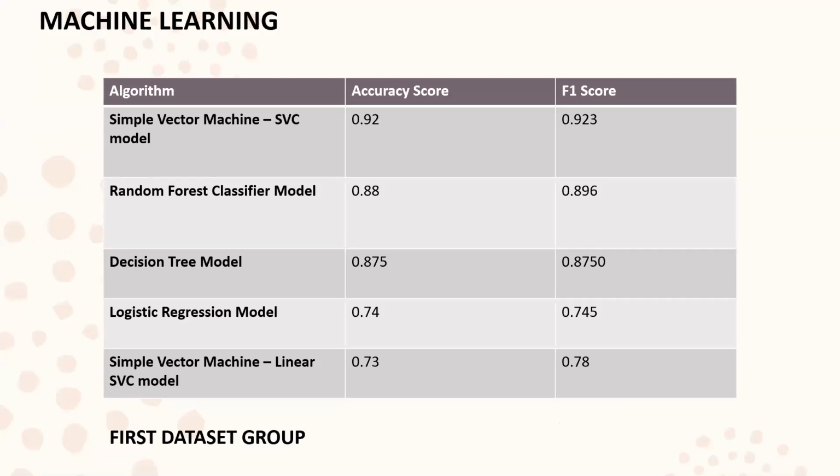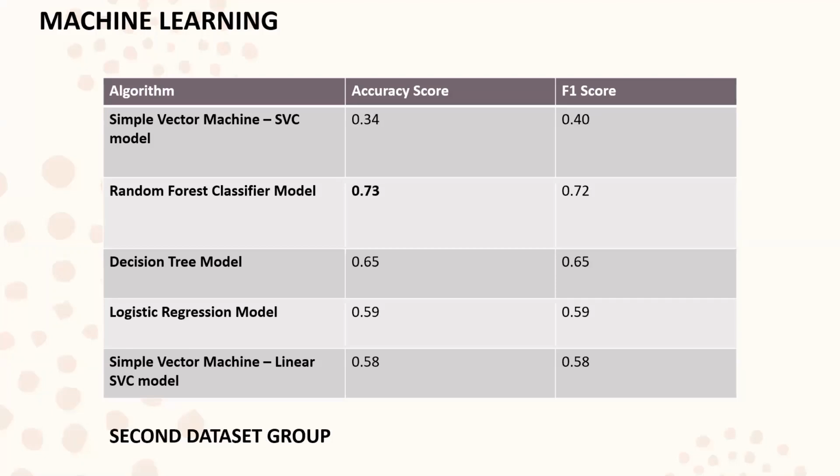That's the one with output column of the verdict scores of 0 and 1. The support vector machine performed highest with 0.92, though I think there was a bit of an overfit into the data set. The random forest classifier did 0.88. Decision tree was close by, as well as the logistic regression model and the linear SVC model.